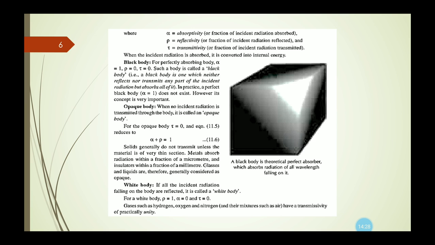If all the incident radiation falling on the body is reflected, the reflectivity equals 1 in case of the white body, and alpha and tau, that is absorptivity and transmissivity, equal 0. Now gases such as hydrogen, oxygen and nitrogen and their mixtures such as air have a transmissivity of practically unity.